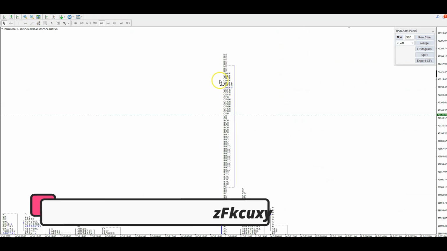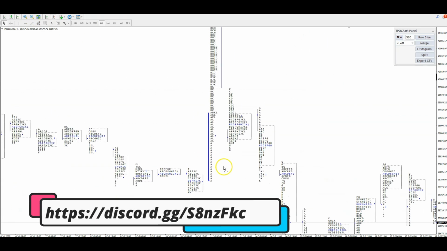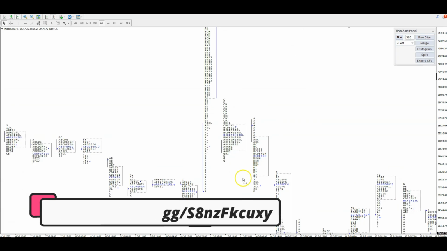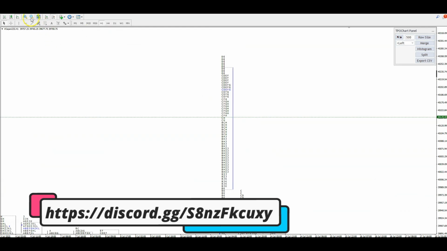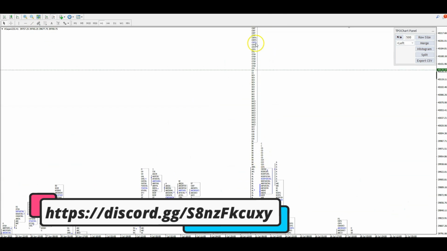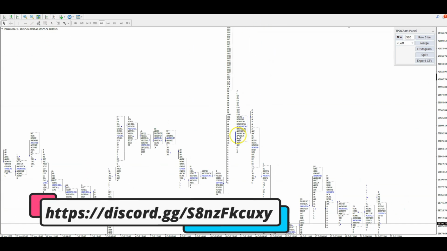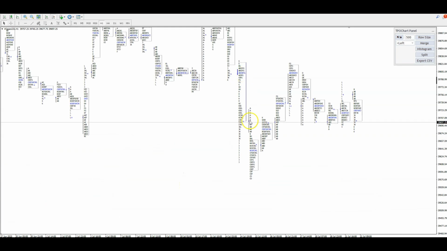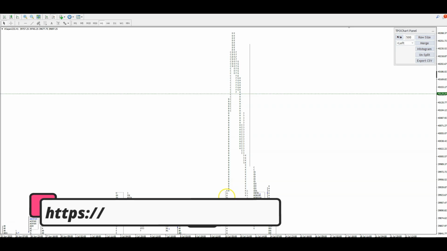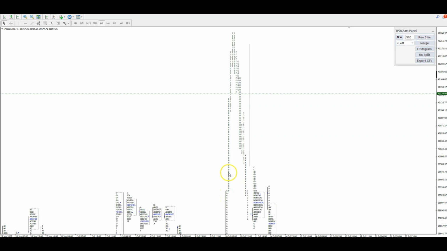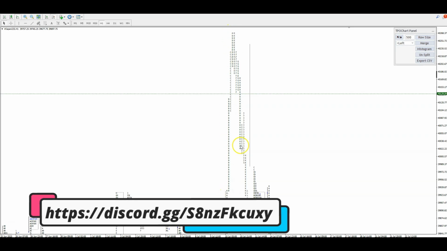This entire profile was that A period range. So you didn't need to miss out on the entire move. You could have caught this as it was happening, and traded it more efficiently, because when I split the rotation, it becomes exceedingly clear that there was a big move up and a big move down.